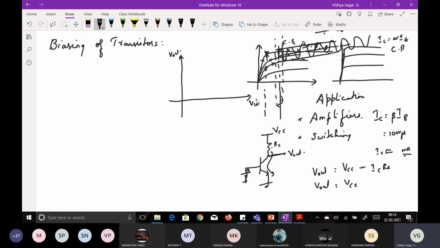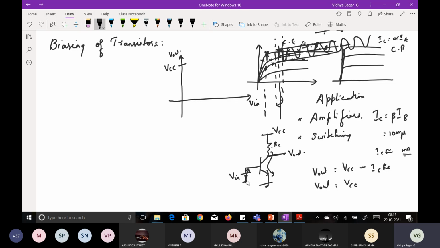When V in is 0, V output is the maximum voltage, VCC. The maximum voltage in the circuit is VCC.